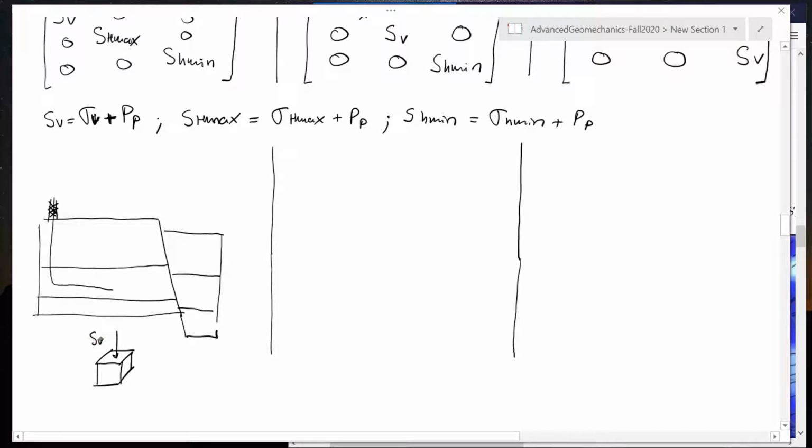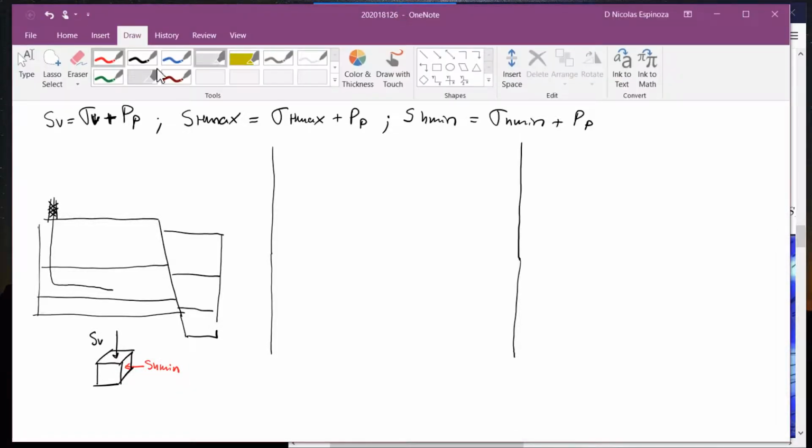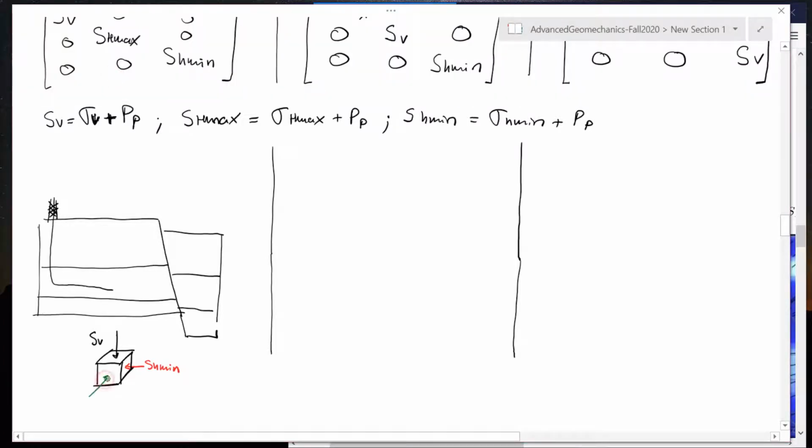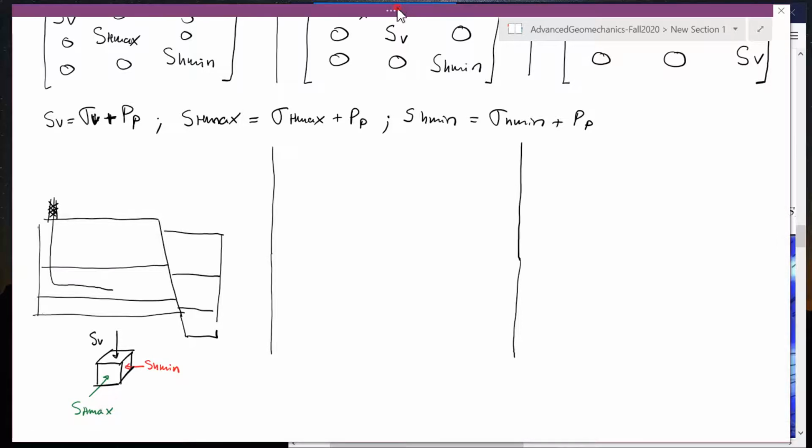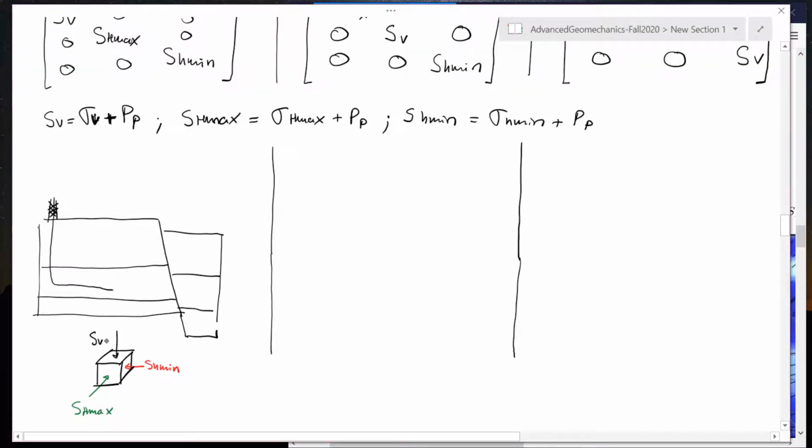Let's assume in this particular case that SH min, the minimum horizontal stress, is in this particular direction. And SH max is in this direction. Let me make sure that my SV is larger than the other two.